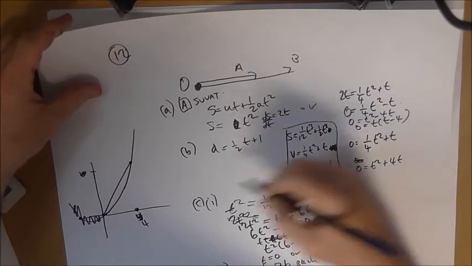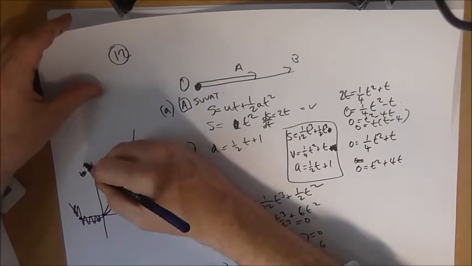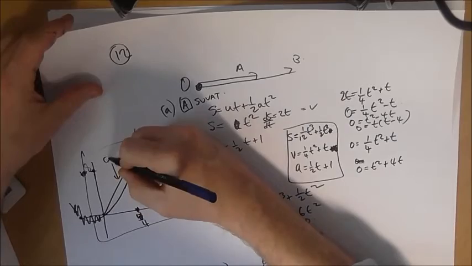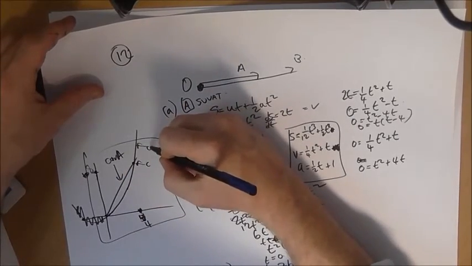Yeah, t equals 4. And so that will be a height of 8. So that's our graph there. So that's car A, and that's car B.